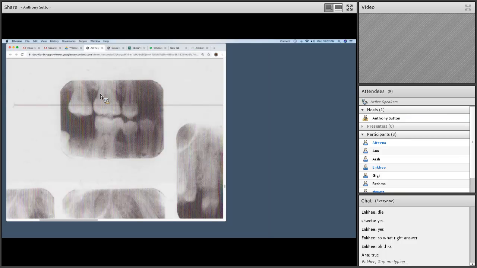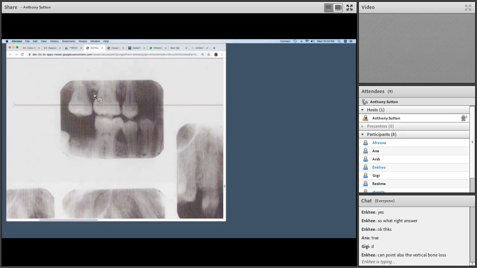If we look closely at this, we see that we have horizontal bone loss distal to tooth number 2, and we literally do have a crater of bone loss in between 2 and 3. So the right answer is D.